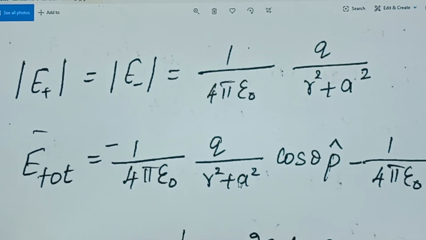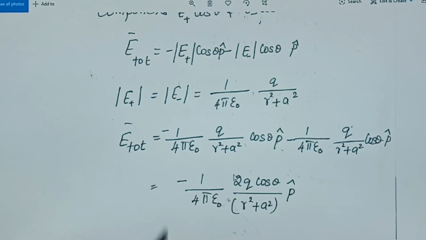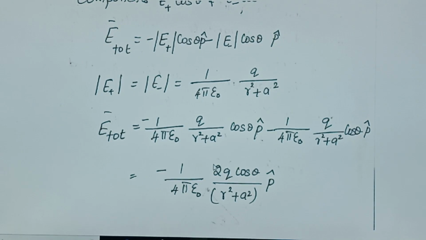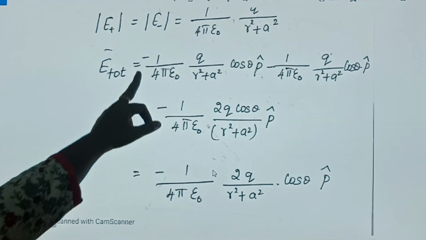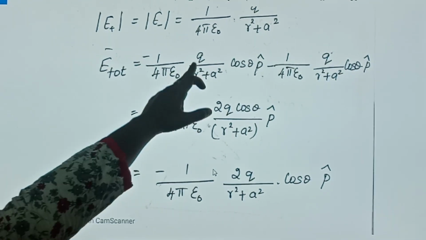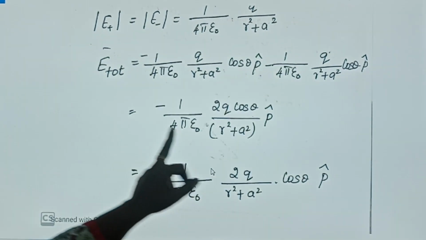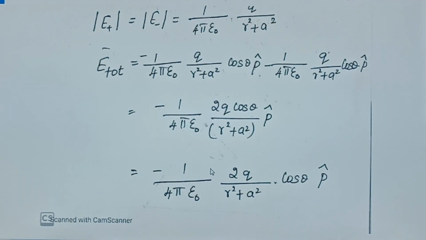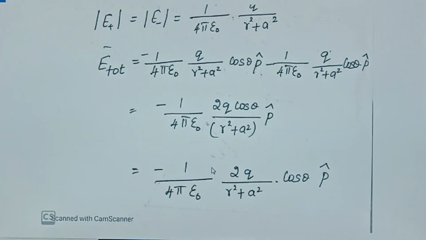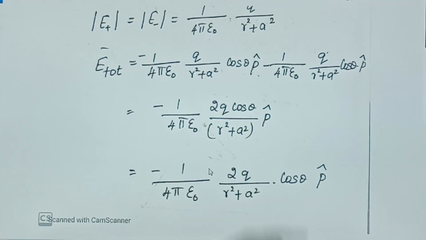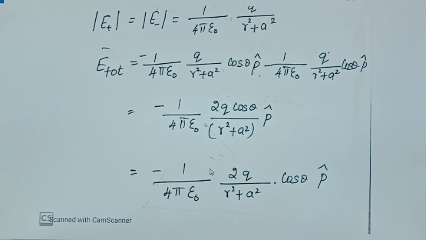So that is the distance we are considering here, and if we add both, they are the same terms, and so we are writing 1 by 4 pi epsilon naught, minus Q and minus Q, that becomes minus 2Q divided by R square plus A square as it is, and in the same way cos theta into P cap.